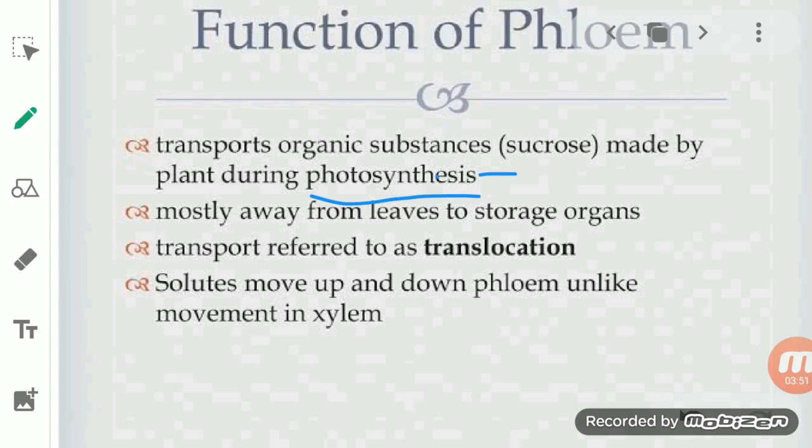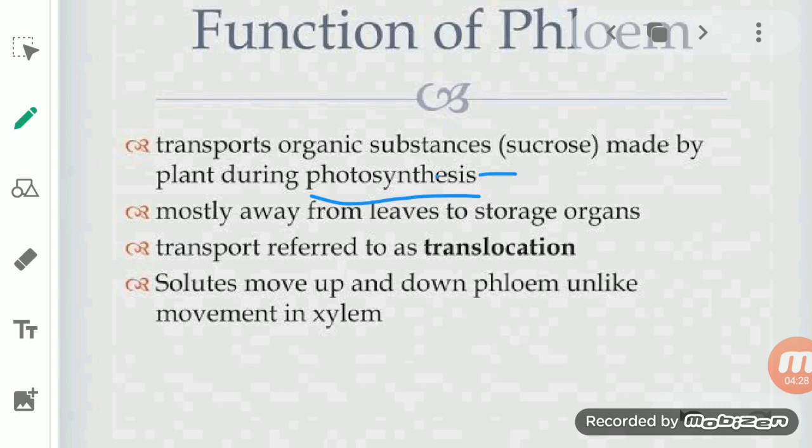Okay, so it helps in carrying the things. So it is basically away from the leaves to the storage organ, from where they transport the substances. Transport is referred to as translocation. Yes student, when we are talking about the xylem, you know the xylem takes water and minerals from the root to the leaves, and the leaves use that water to carry out the process of photosynthesis.